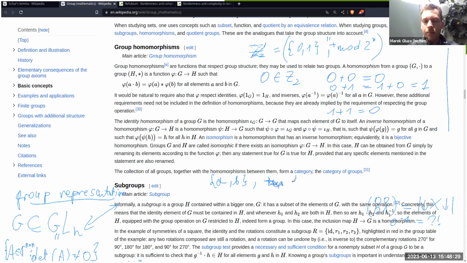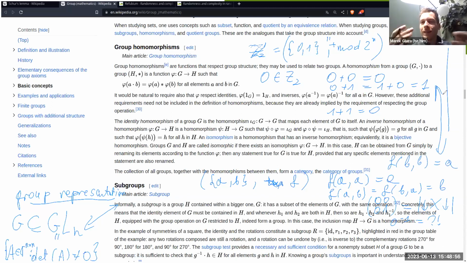Or I will write here some map f, that will be an abstract group in the sense that f of A, A is A, f of A, B is f of B, A is B, and f of B, B is A. That would be a homomorphism between those two groups. It's a trivial homomorphism because I can just identify A with 0 and B with 1. But this is an example of a homomorphism.